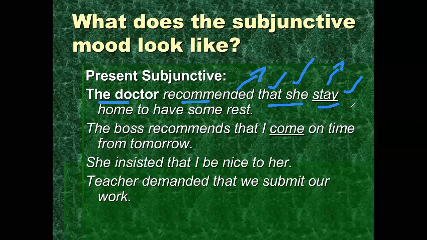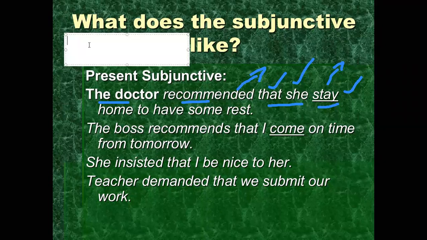All right. Now, another important thing which you really need to understand about the subjunctive mood is that it doesn't follow the subject verb agreement rules. For example, if you're writing a sentence in the indicative mood, we can write this way: he goes to school.